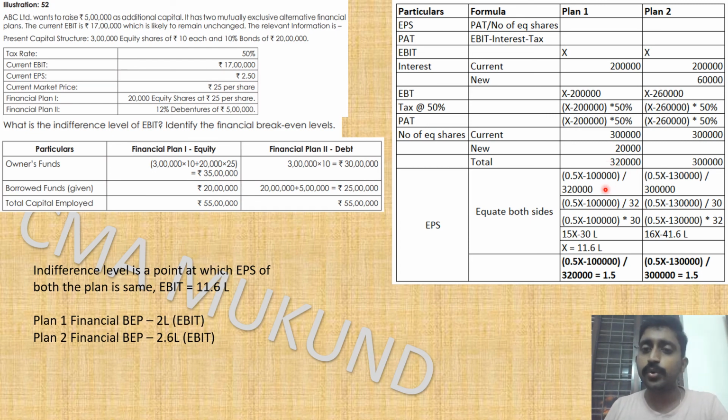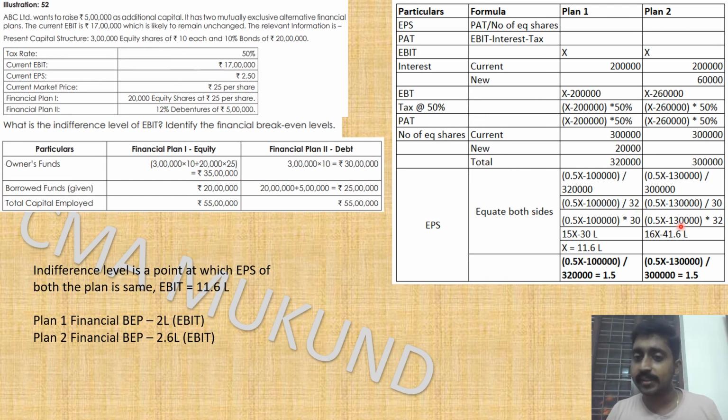Now we divide profit after tax by the number of equity shares to find the earnings per share. I am equating both sides, and these zeros can be cancelled out, so it becomes 32 and 30. Now you cross multiply both sides of the equation, because the EPS will be the same for plan 1 and plan 2, and that is the indifference point.